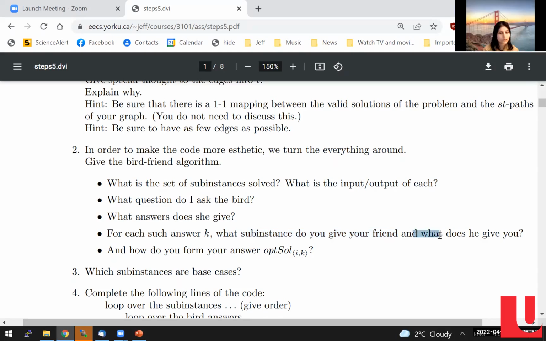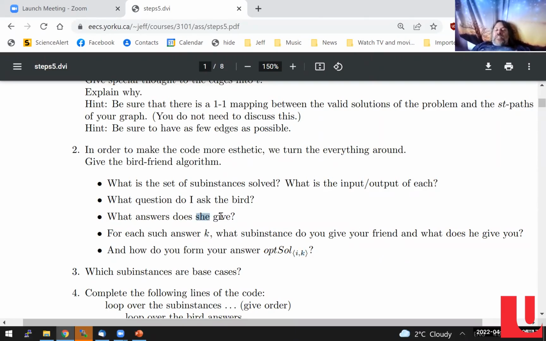He gives me which of those I minus 1 objects to put in the knapsack. My best answer of filling the knapsack with the first I objects, consistent with the answer "don't take the last object," is going to be the same as my friend's answer.